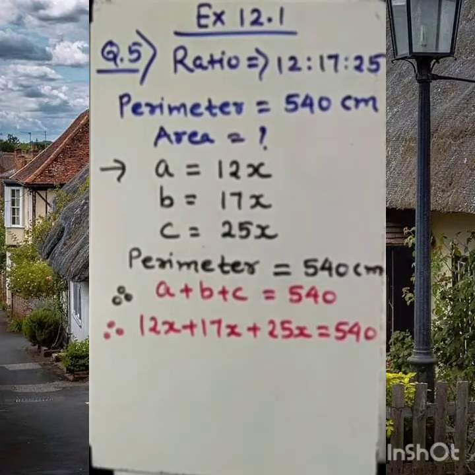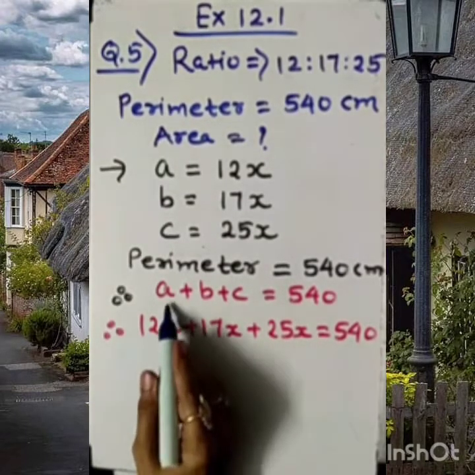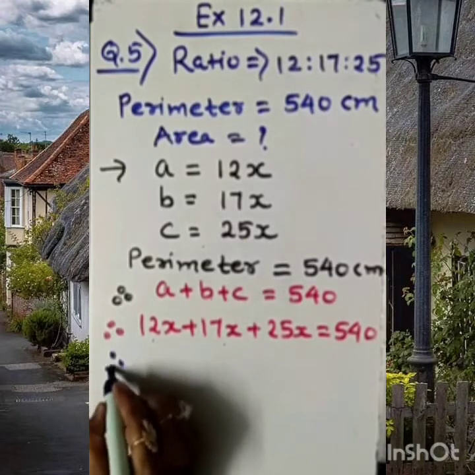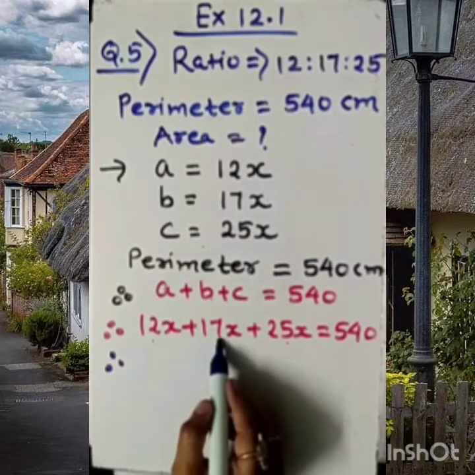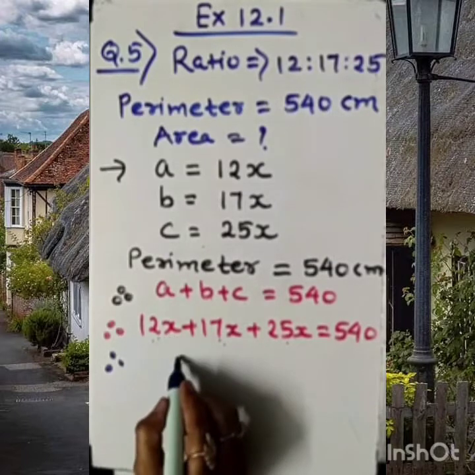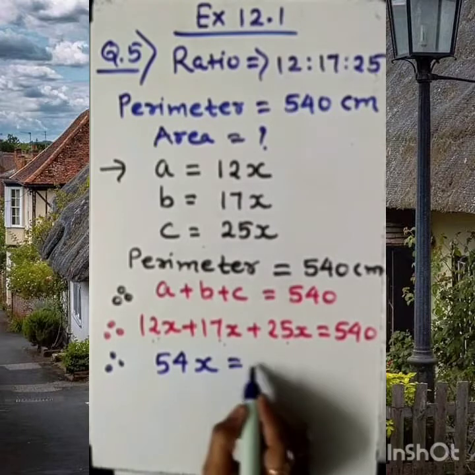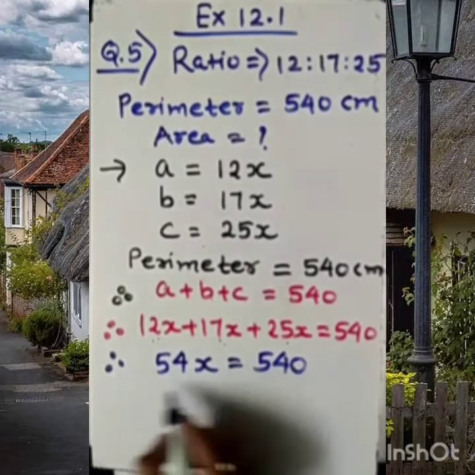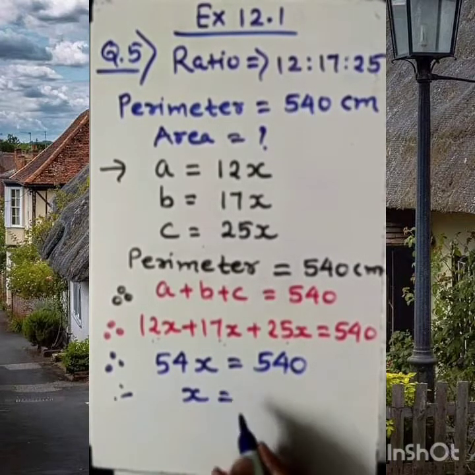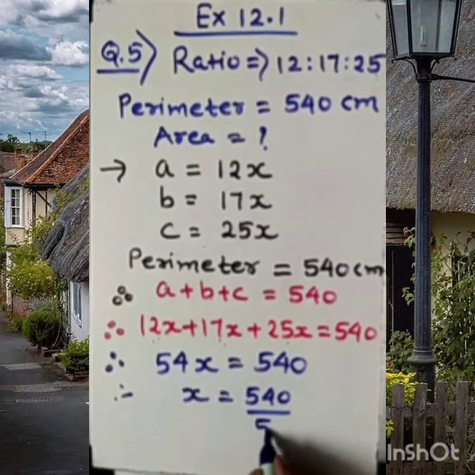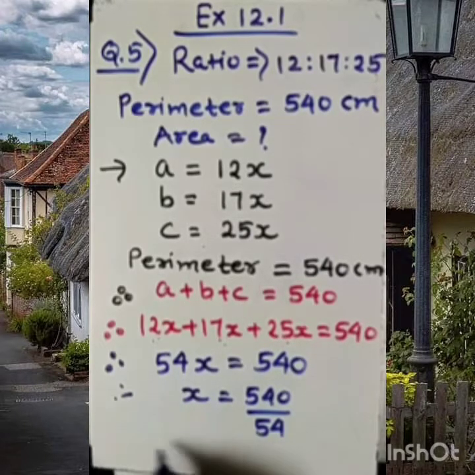Let's add all this. 7 plus 5 is 12, 12 plus 2 is 14, 4. So it will be 54x, that is equal to 540. Therefore, x equals 540 divided by 54. If we divide 540 by 54, then what will be? 10. x equals 10.